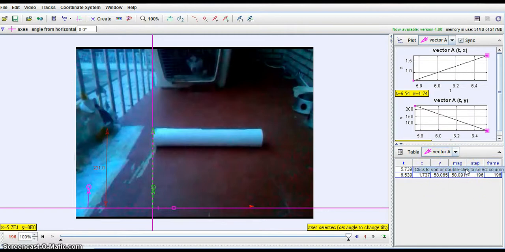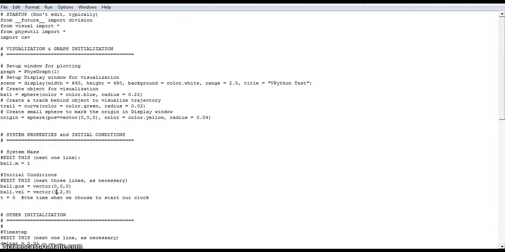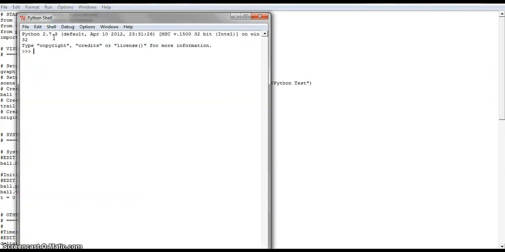Now we took these values and plotted them into the Python program, and we're going to run the module, which was pretty successful.